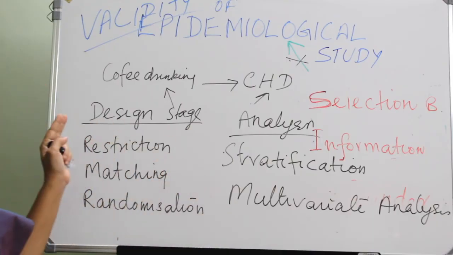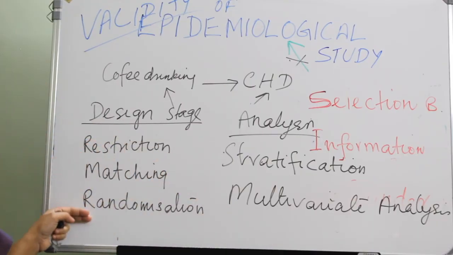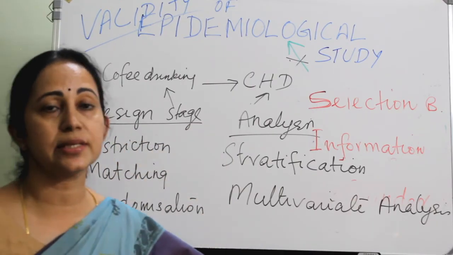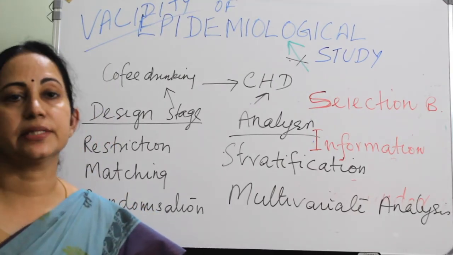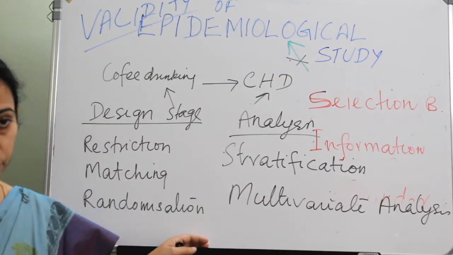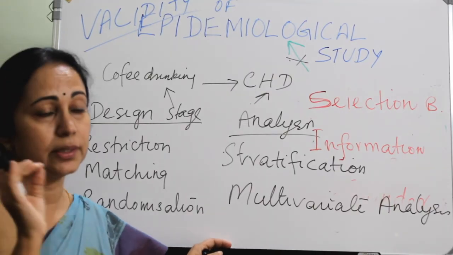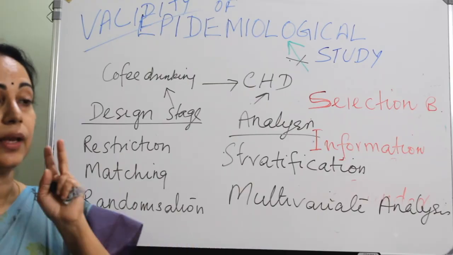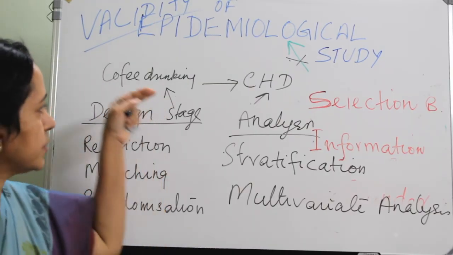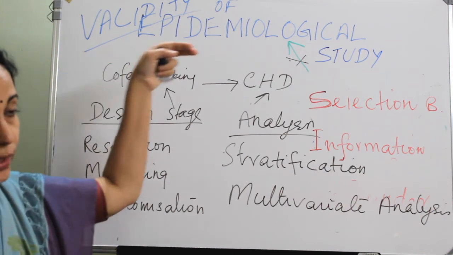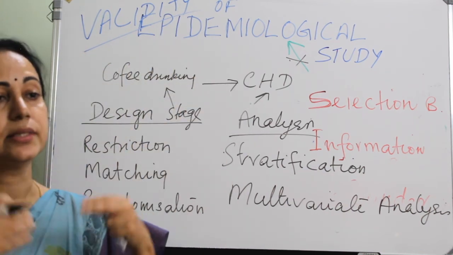Okay, so it can be done at the design stage, restriction, matching and randomization, and at the analysis stage either go for a stratification of analysis or go for a multivariate analysis to reduce the effect of confounder. Okay, that is important. The meaning you have to know: a confounder is a nuisance or a confusing effect variable which can affect both exposure and outcome at the same time.